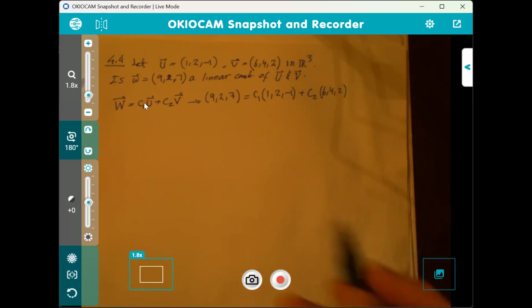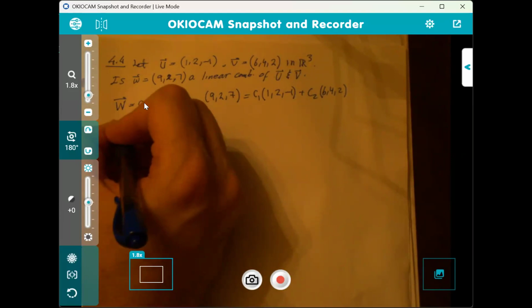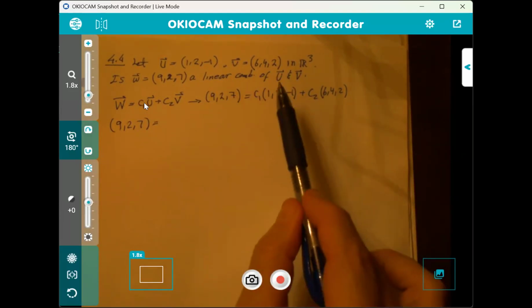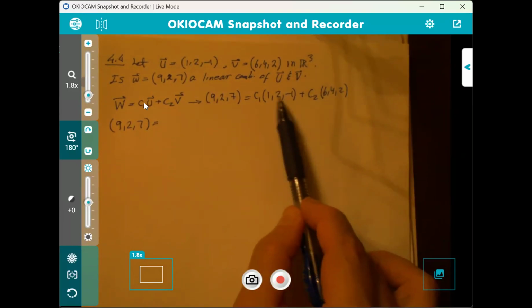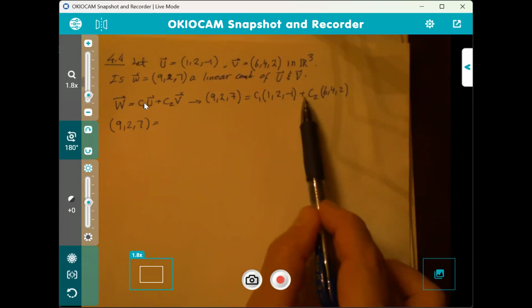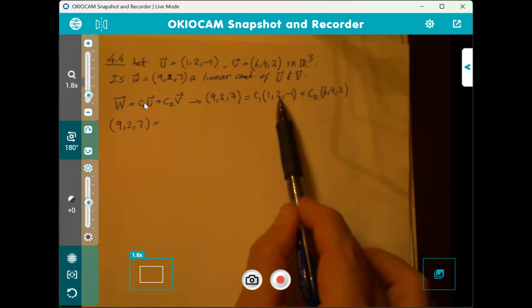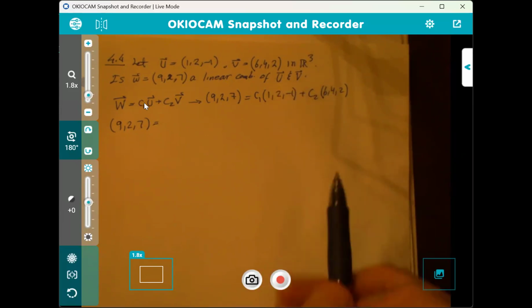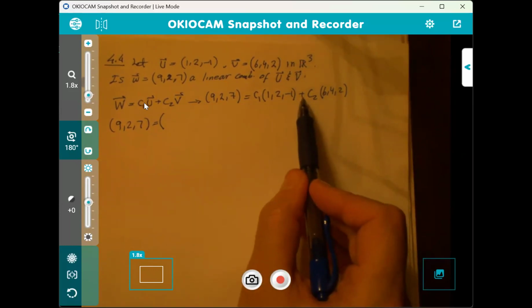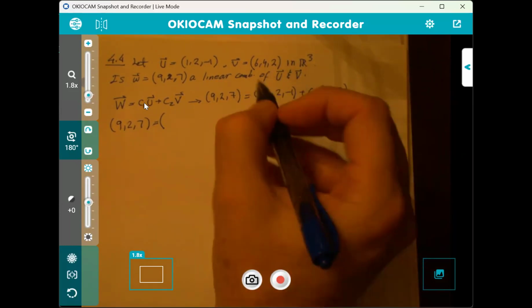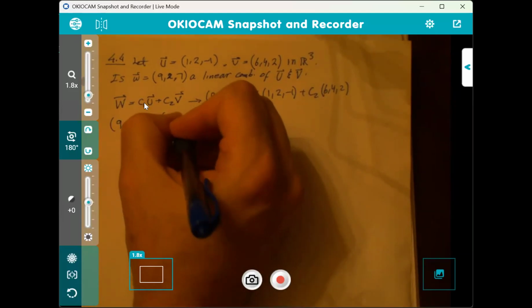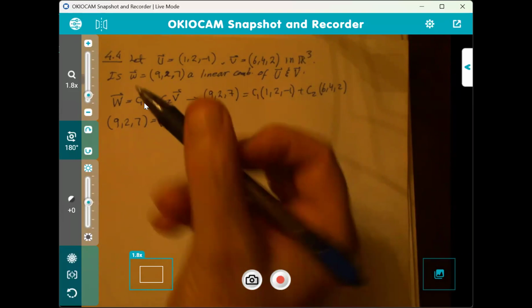Okay, now let's take a look at the right side, because the left side is just the numbers. A constant multiple of a vector, you distribute the constant to every component, right? And then to add them, we add the first components, second components, and the last components. So the first component of the sum vector would be 1c1, that means just c1, plus 6c2.